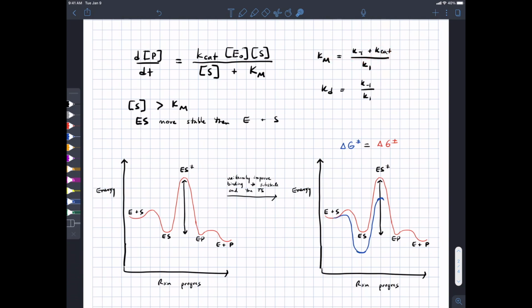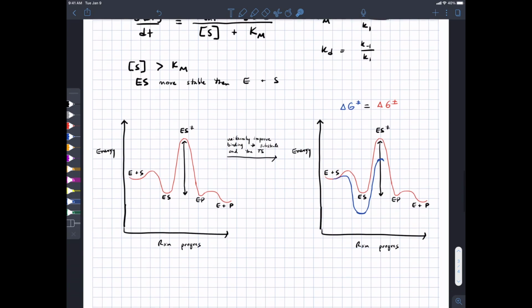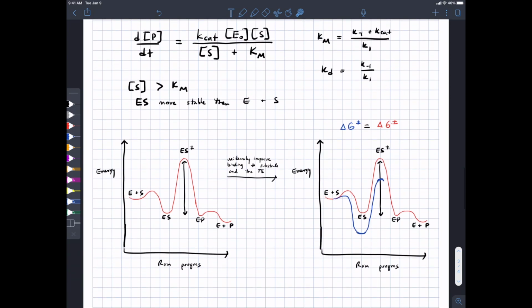If it were Kd, you'd want the Km number to be as low as possible. But Km also reflects catalysis and it's in the numerator. So if it's as low as possible, that could mean that the catalysis isn't any good. So it's not fun, but the Km is complicated.